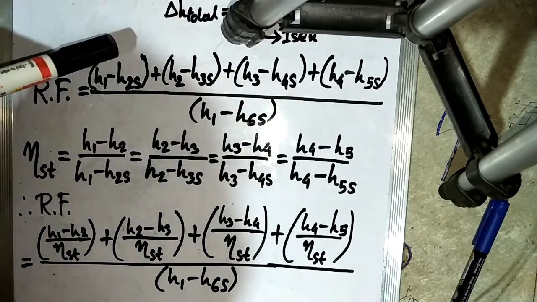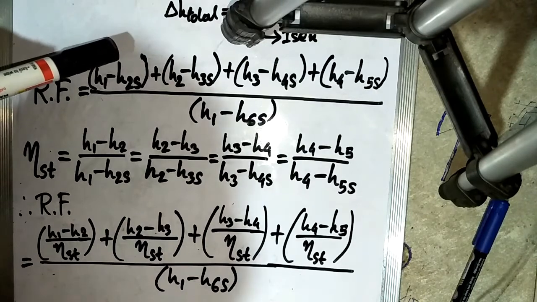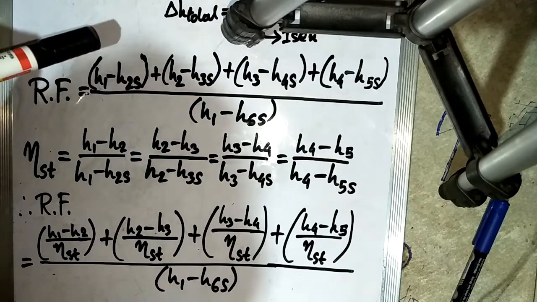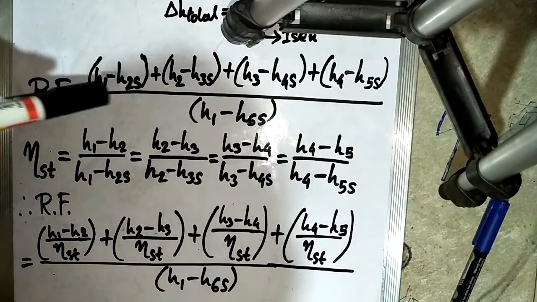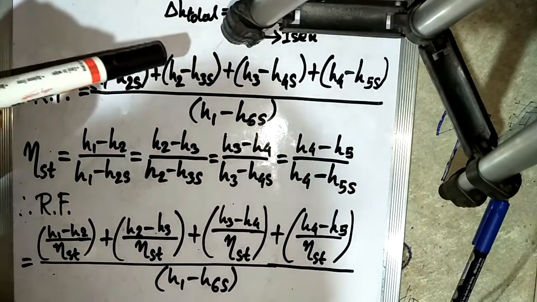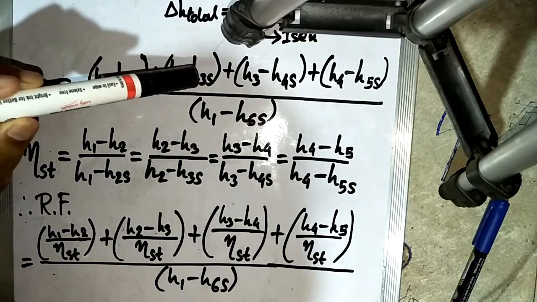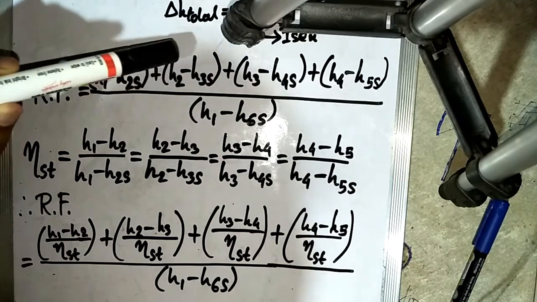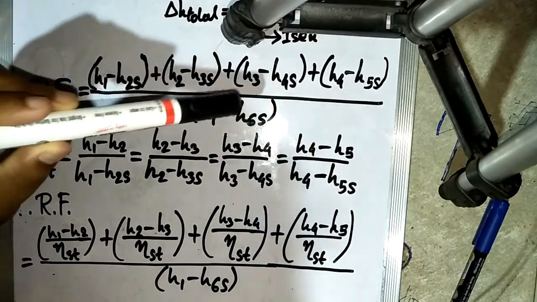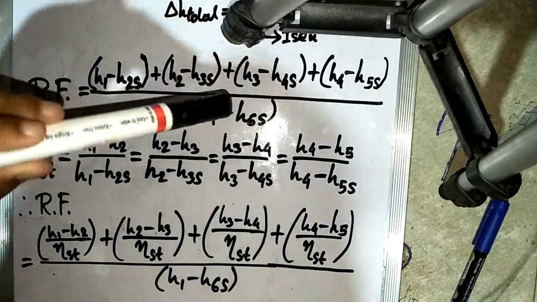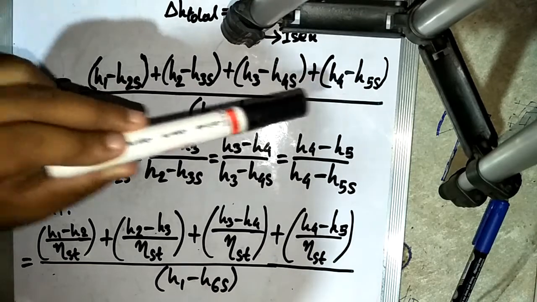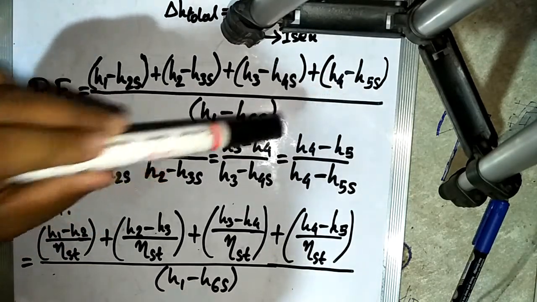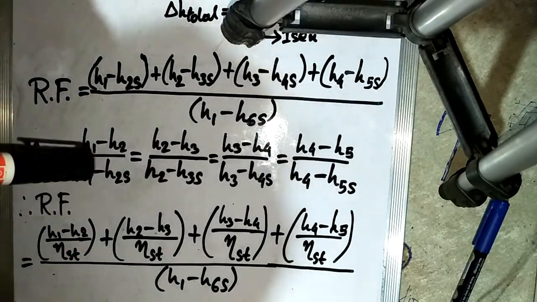H1 minus H2S is the first stage isentropic enthalpy drop, plus H2 minus H3S is the second stage isentropic enthalpy drop. Similarly, H3 minus H4S is the third stage isentropic enthalpy drop, then H4 minus H5S is the fourth stage isentropic enthalpy drop.